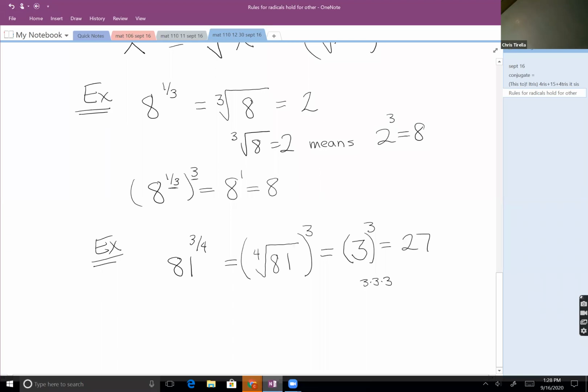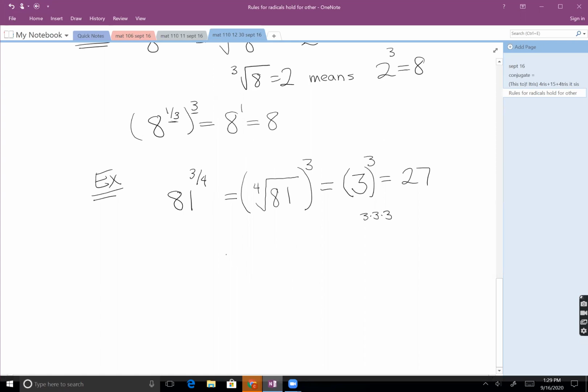I usually find it easier if I take the root first before I do the exponent, but we said it worked both ways. I guess if you really, really like big numbers, we could have thought of that as the 4th root of 81 to the 3rd. And so that would give me the 4th root of, and I have to apologize, I'm going to be a little bit mentally lazy here and not try to take 81 to the 3rd by hand.